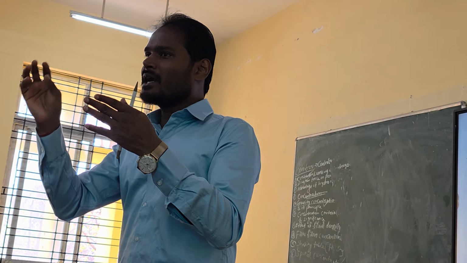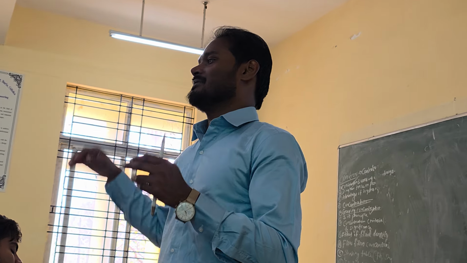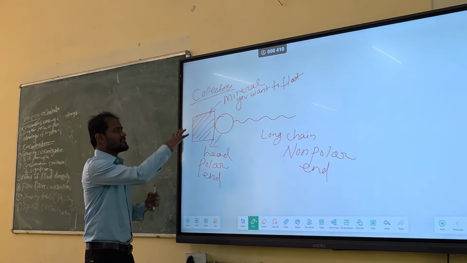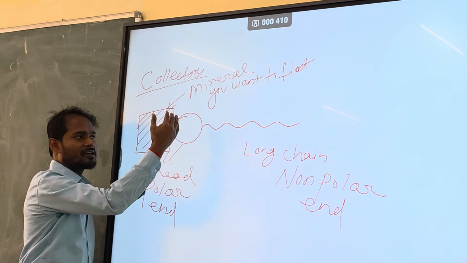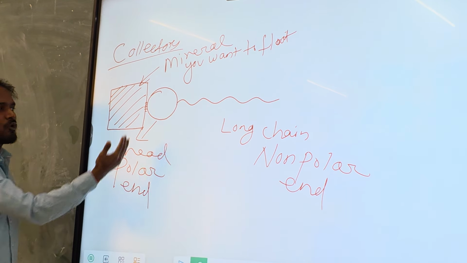The collector's one end is polar, so that polar end is attaching to the mineral surface, but the other end is free. Let's see the diagram already drawn. This is the mineral already available in the flotation cell. You add a collector with two ends. One end gets attached to the mineral, and which end? The polar end.